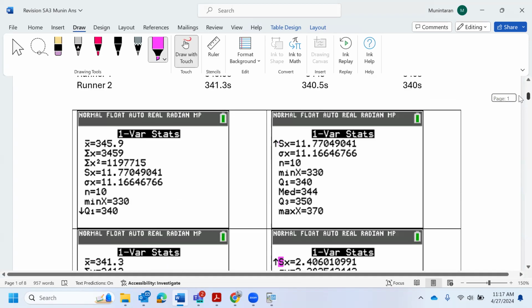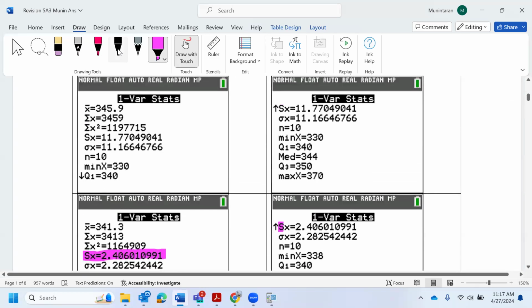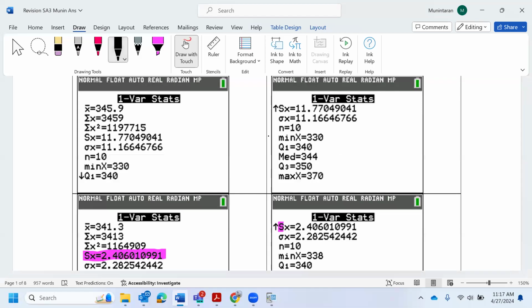What's happening? Oh yeah, okay, that's runner 1, runner 2. This is runner 1, this is runner 2. Runner 1 is 11 point something. All right, same thing. You read your Sx.